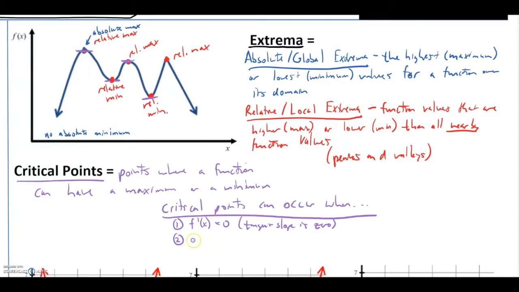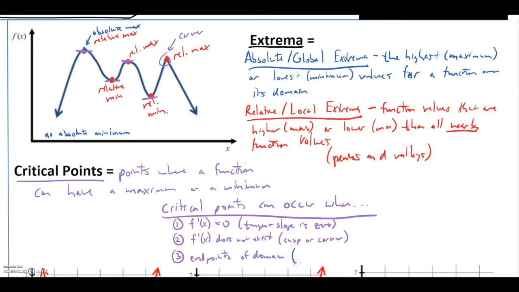The second place we can find critical points is where the derivative does not exist, but the function is still continuous. So, a cusp or a corner, like we see with this relative max right here, it occurs at a corner. And the third are going to be endpoints of a domain.